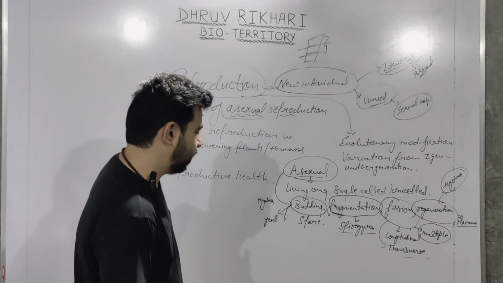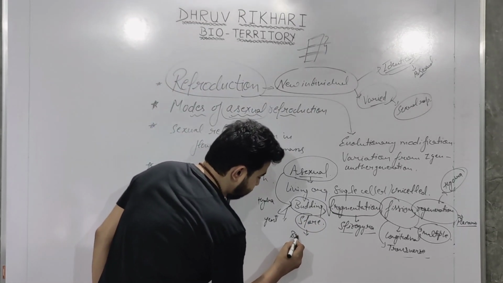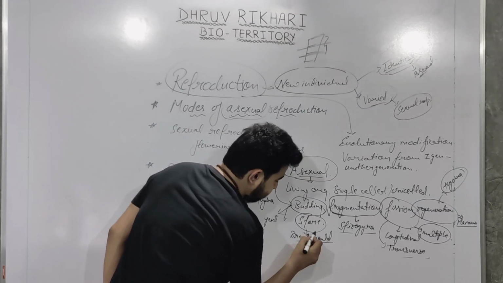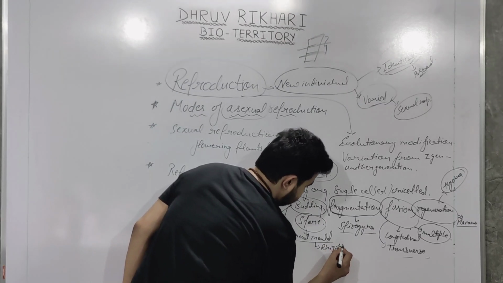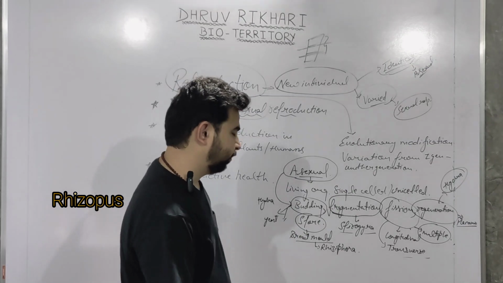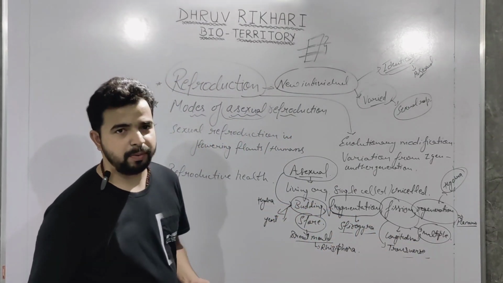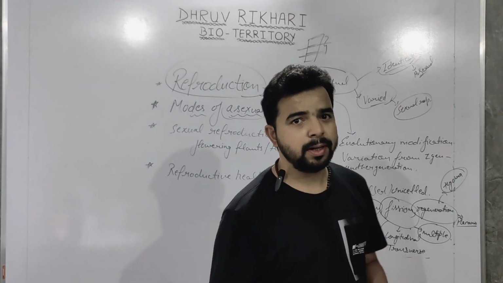And spores are basically formed on bread molds, and the example is Rhizopus. So these are the examples of asexual reproduction, where identical copies similar to their parents are formed.